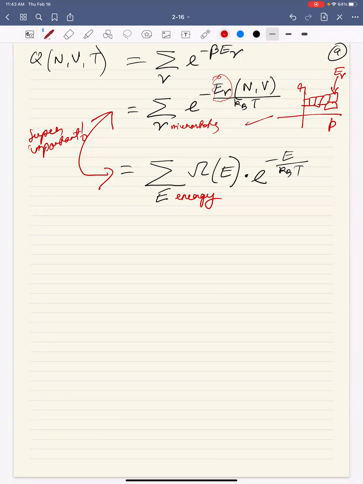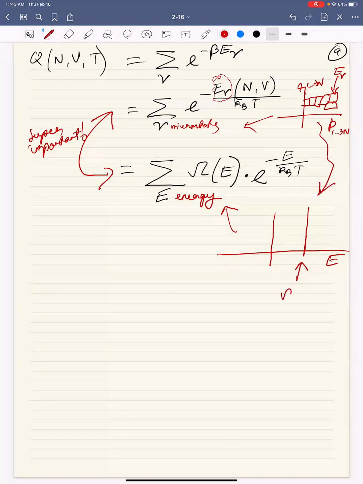That's what we did over here. But here, furthermore, this is very, very high dimensional. P goes from 1 to 3N, R goes from 1 to 3N. Here I am saying, no need to worry about all of that. Go to a one-dimensional space and calculate the probability in that space. Do this integral in one-dimensional space. In this one-dimensional space, you have to understand that every possible value of energy is actually coming from omega of E contributions, right?